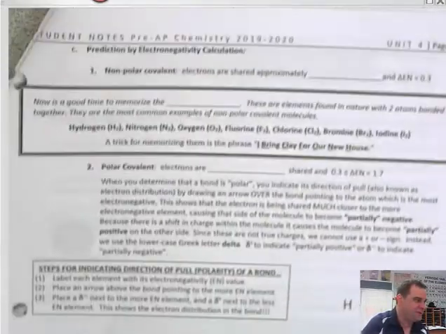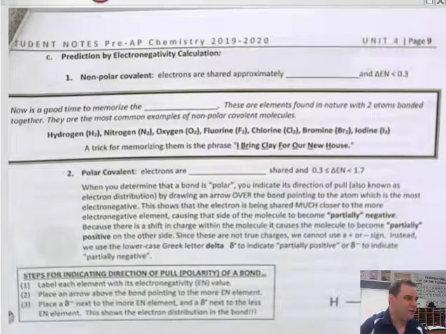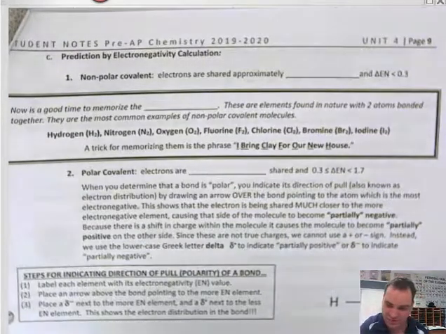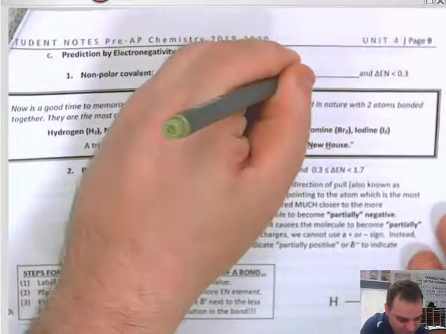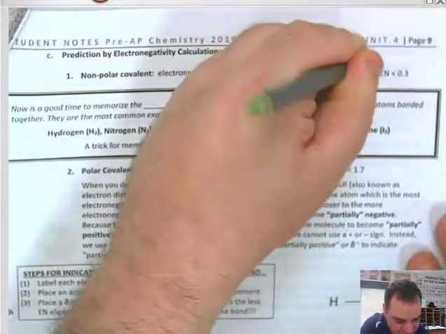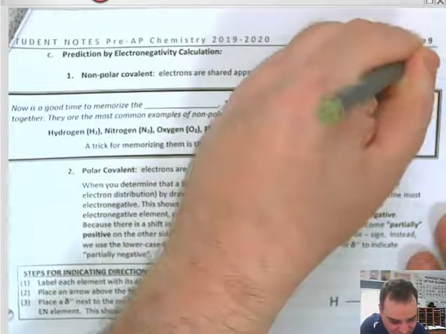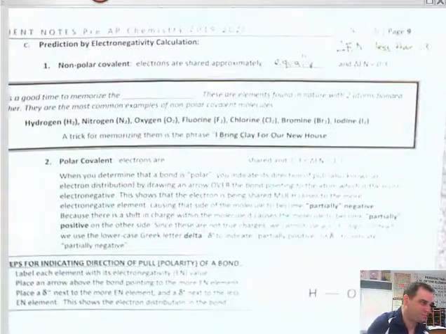Doing the calculation thing here. Non-polar covalents are shared equally, approximately, between 0 and 0.3. So the electronegativity difference is less than 0.3, which we learned in the previous video.